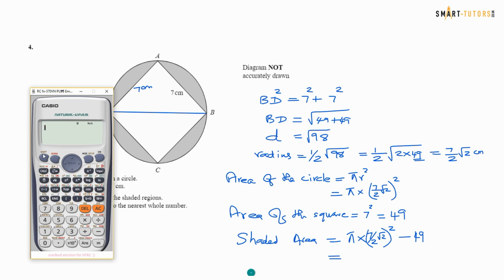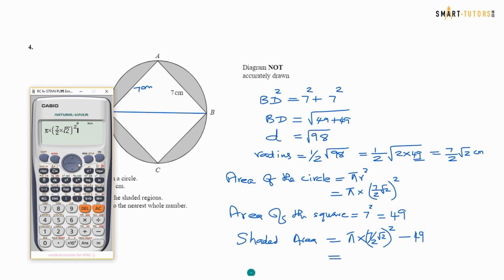Now shift, pi r squared, times a bracket and a fraction 1, 7 over 2, times root 2, the square root of 2, then go outside, put the bracket and power squared.